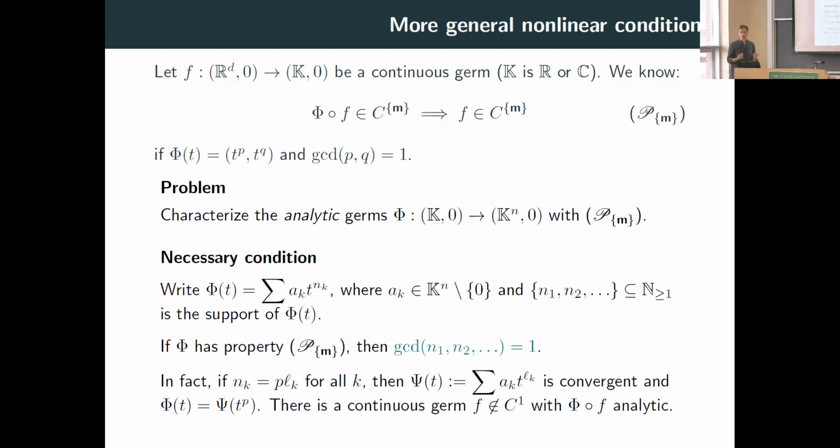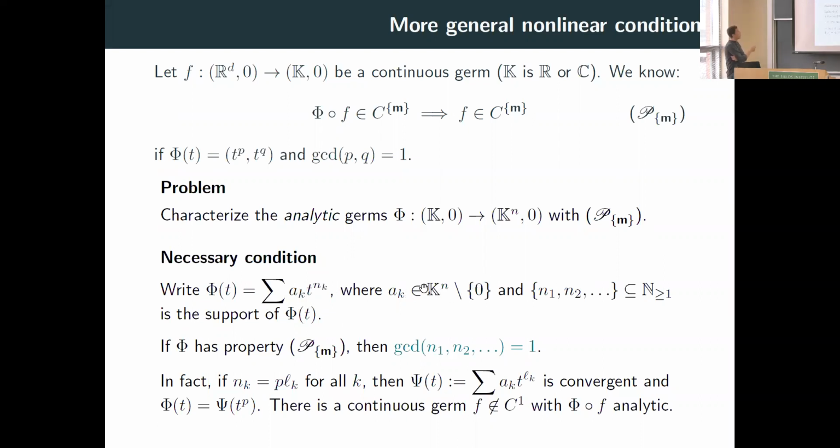So let me give you a necessary condition. Since I look only at analytic germs, I can expand them in a power series. Here I write down the power series in such a way that only the non-zero terms appear. The n_k you see in the powers, the set of all n_k, is the support of this power series, and it takes values in the natural numbers, and 0 is included.